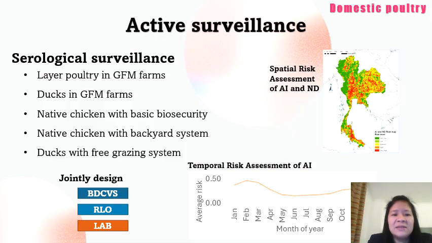If you remember, this is production type number 3, which has low to medium biosecurity practice. We collect samples from ducks in GFM farms, native chicken in basic biosecurity, native chicken in backyard farms, and ducks in free grazing systems. This is jointly worked on between the headquarters, the regional offices, and the lab.